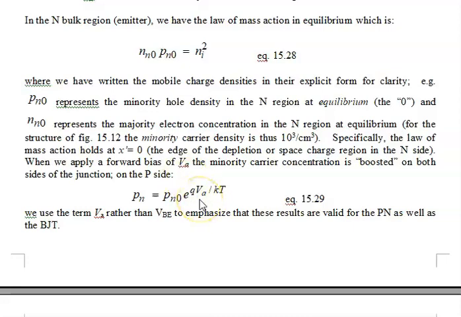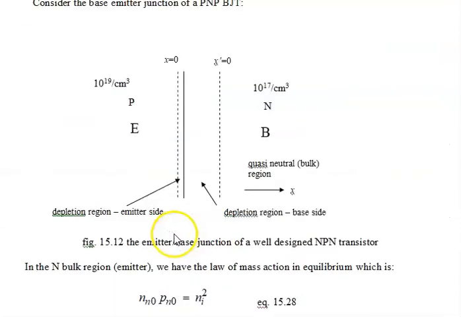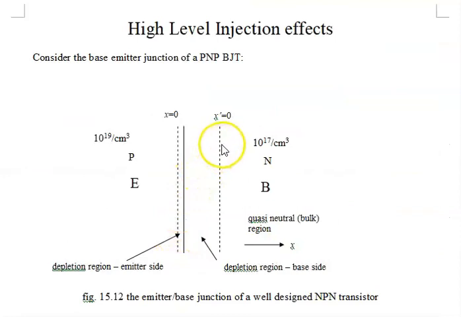If I apply a bias of 0.6 volts, this exponential term works out to be 10 to the 10th. So the number of non-equilibrium holes in the N region is boosted by 10 to the 10th. The Pn0, the equilibrium number, is 10 to the 3rd. So the new number, the Pn, is 10 to the 13th, and that is right at the depletion region edge, right at this point.